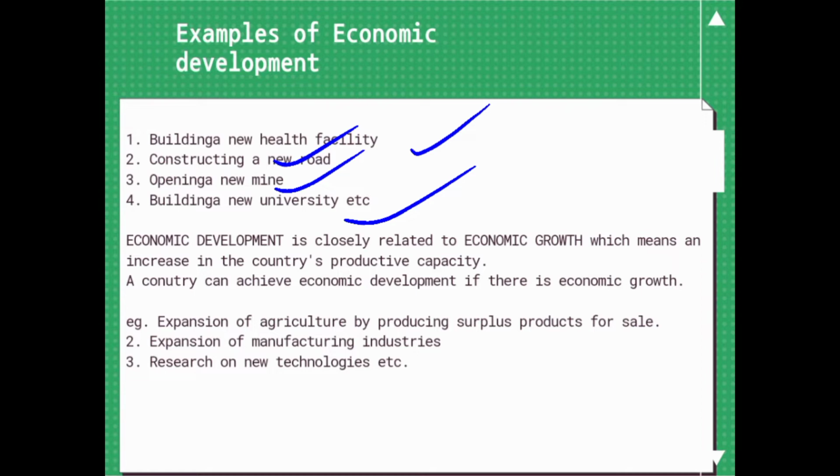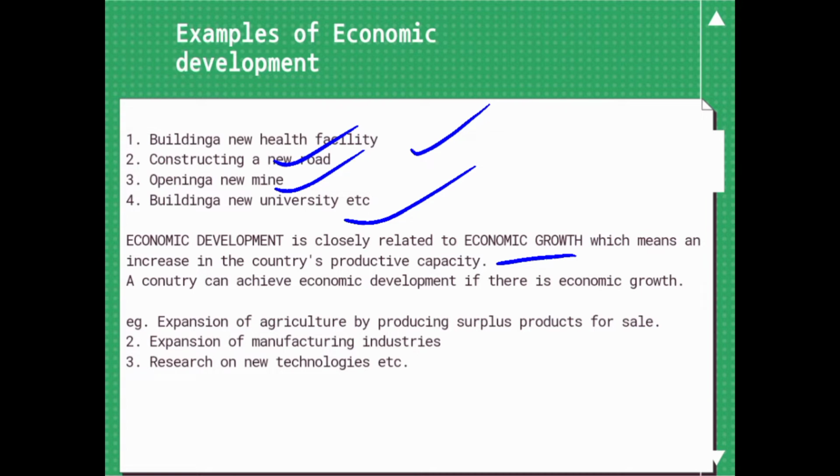So, having known what economic development is, there is one important thing that you need to know about it. What's that? It is related to economic growth. Economic development is closely related to economic growth. Now, what is economic growth?